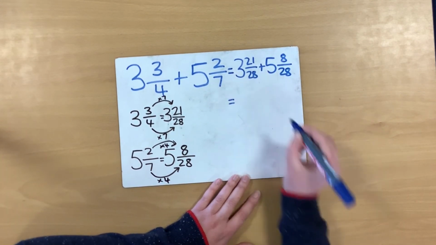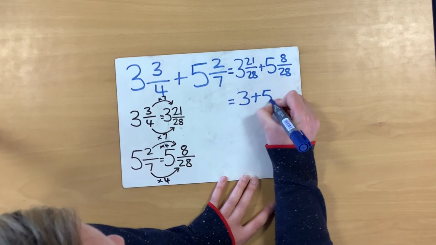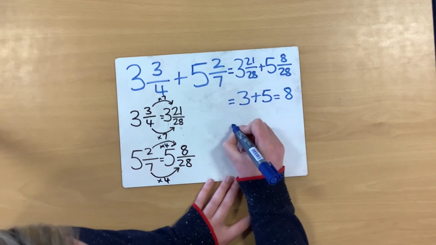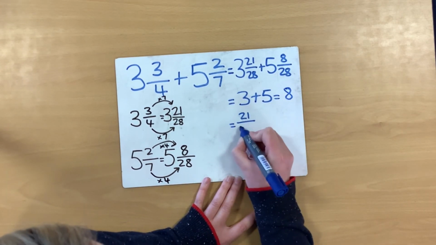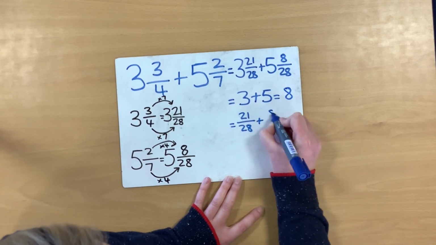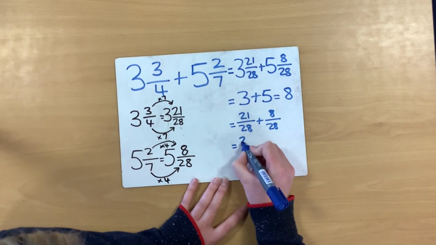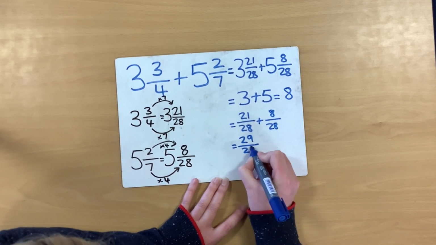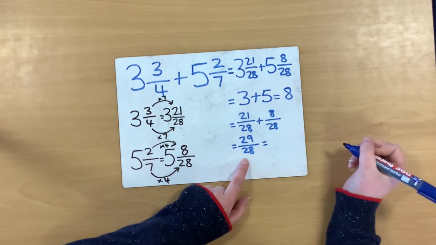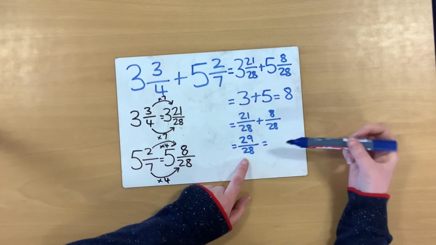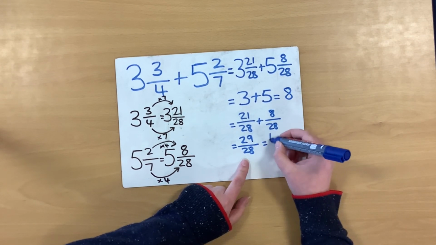Hopefully next you then added your wholes. So 3 add 5 is 8. And then our next step is to add our fractions. So 21 28ths, add 8 28ths, and you should have got 29 28ths, which is an improper fraction. So hopefully you then converted it into a mixed number by looking at how many 28ths go into 29, which is 1.